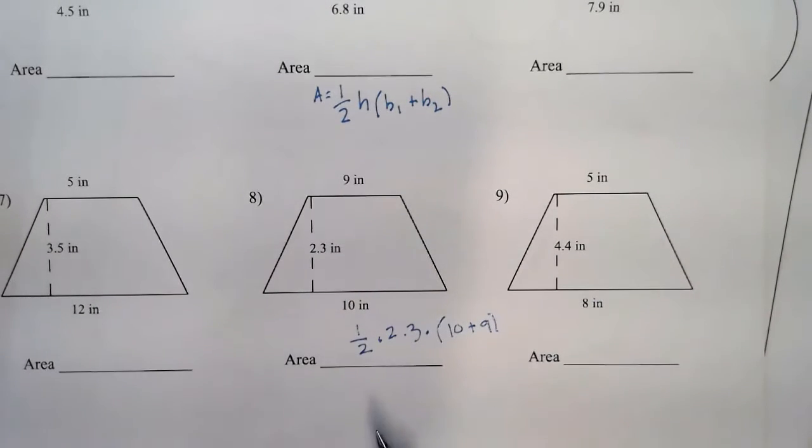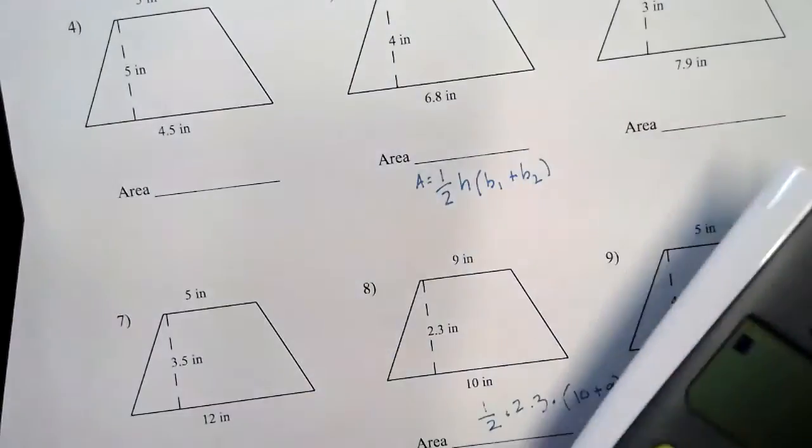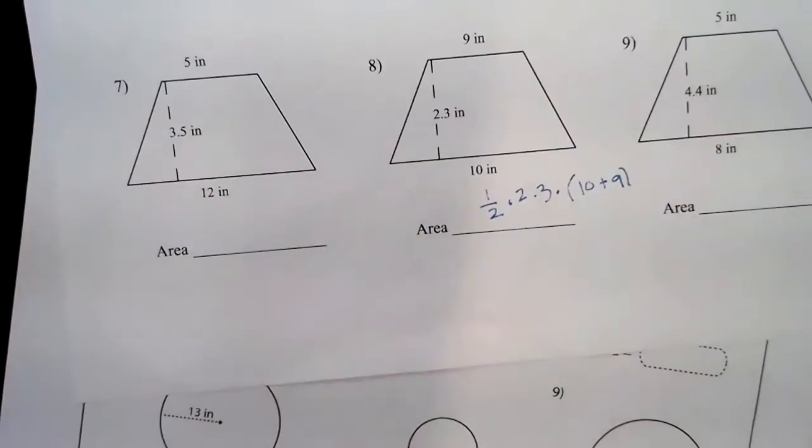And that's what our formula looks like all filled out. 1/2 times 2.3 times 10 plus 9. Now, the really cool thing about using your calculator is it will do all of this. Let me see if I can set this up so you can see everything.